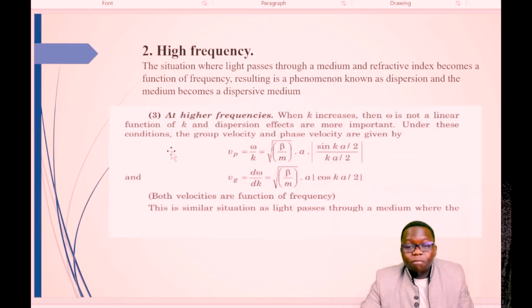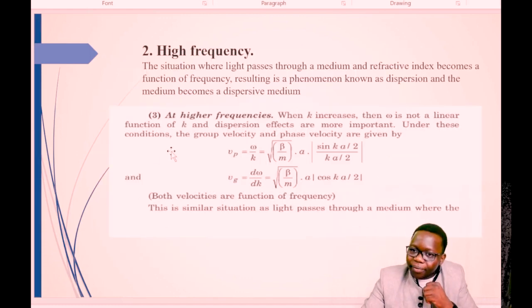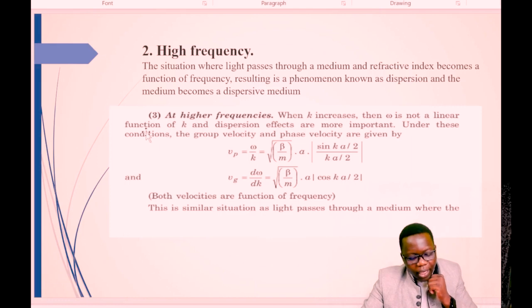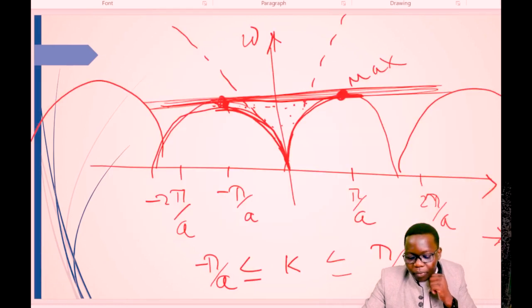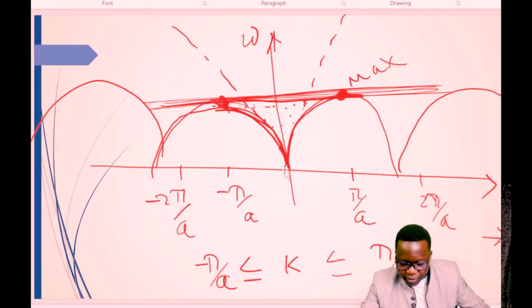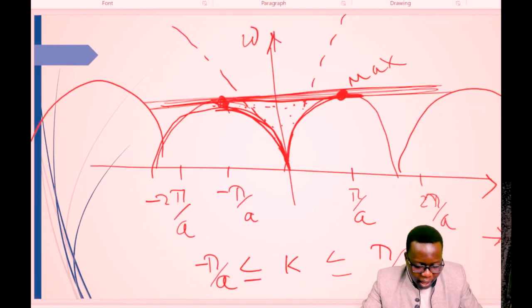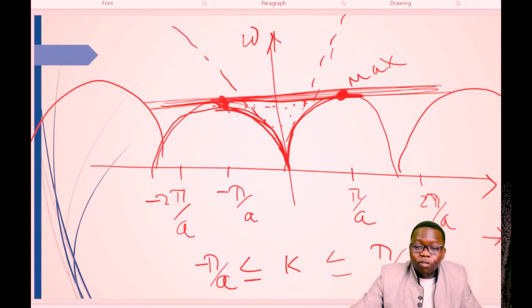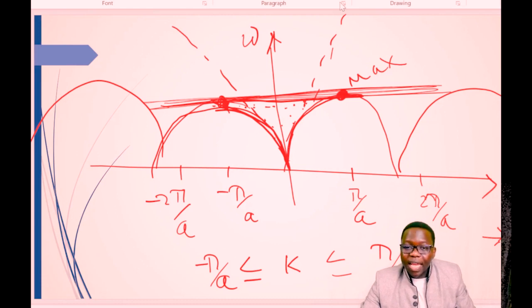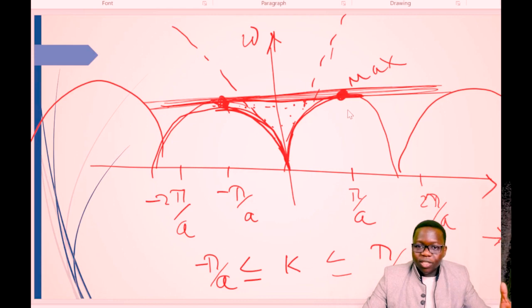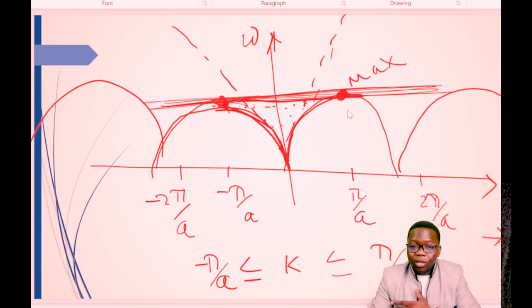Next, what about if the frequency is just high? Well, let's get back to our wave here. We expected this to be having a straight line, like a linear dependence. That as k increases, we expect also the angular frequency to be increasing.